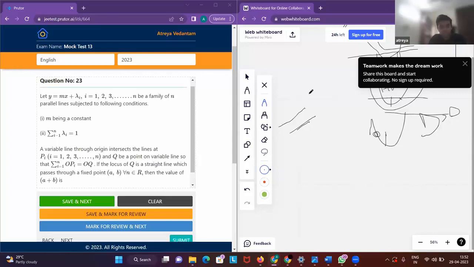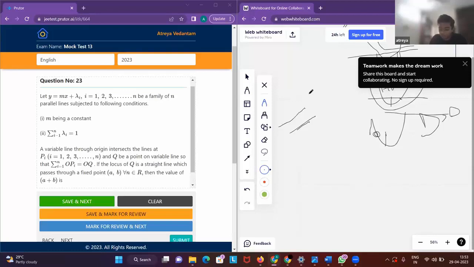Okay, what does this tell us? So the locus of Q is a straight line. So how do we build a straight line, right? If Q is at an angle of theta, where n is equal to tan theta, then its distance must be square root of 1 plus n squared by n minus m.